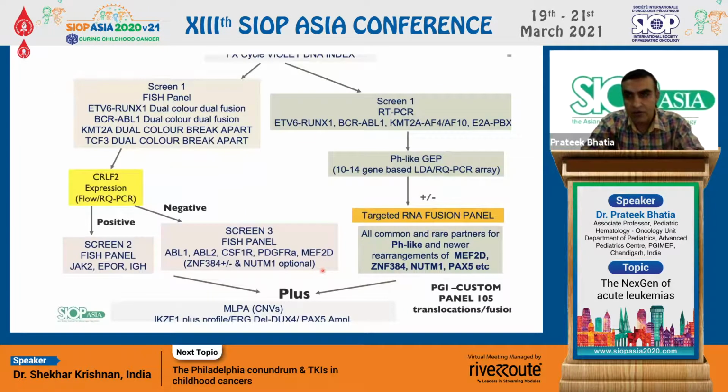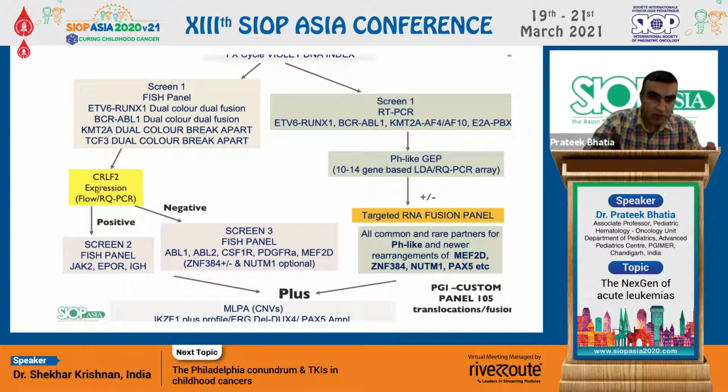What is important is this flowchart, which concisely tells how you can go about detecting these lesions in B-ALL. Upfront, you do conventional cytogenetics or DNA index by flow cytometry, and then you can use either a FISH panel for the common recurrent abnormalities or RT-PCR, depending on your laboratory setup. Following that, you can go for CRLF2 expression by flow or RQ-PCR, or do a Ph-like gene expression profile based on a smaller gene panel, low density array or RQ-PCR array.